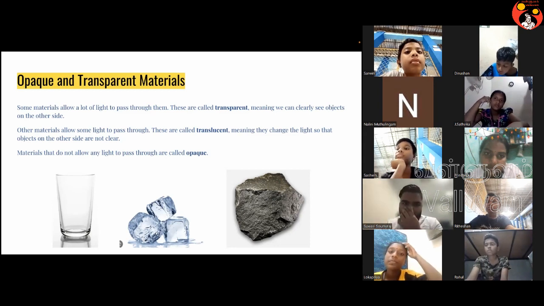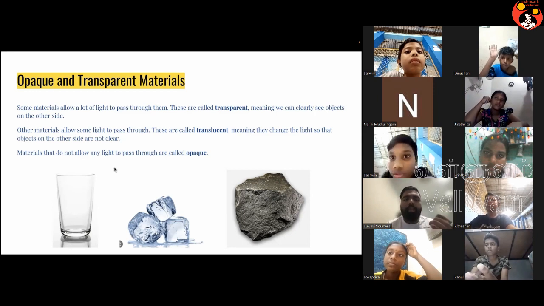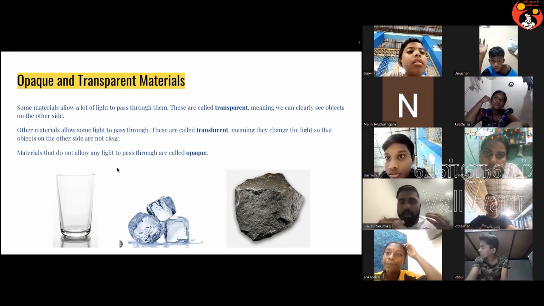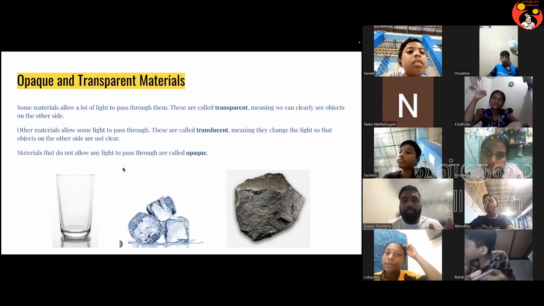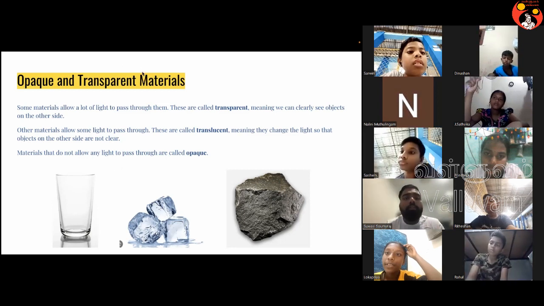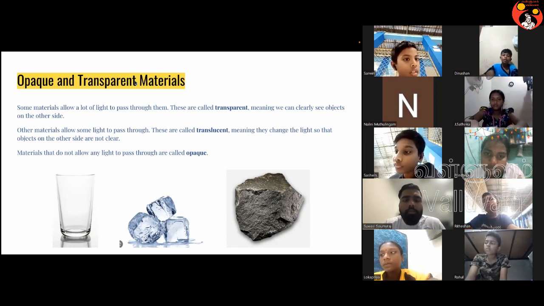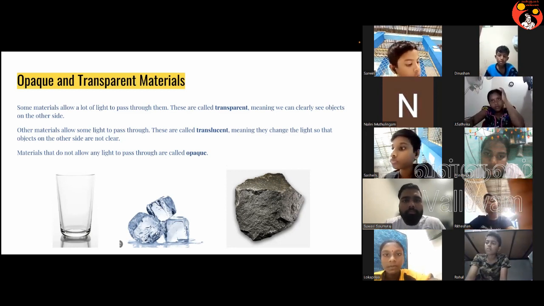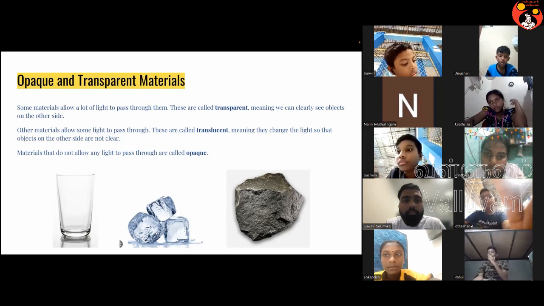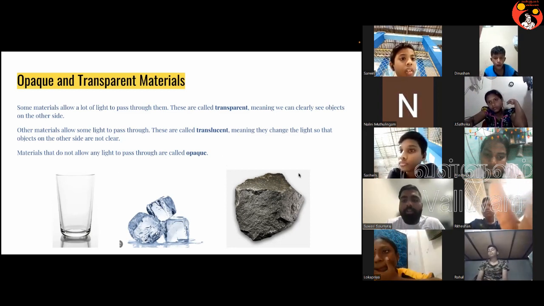It will be distorted. Now, on the other end of the spectrum, we have materials that don't allow light to pass through at all, and that's referred to as opaque. Dinishan, I see your hand up. You have a question? Sir, the rock, what is it, sir?